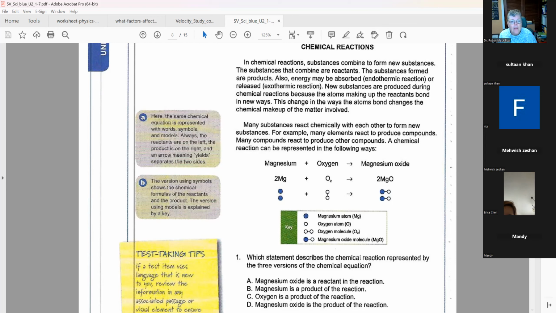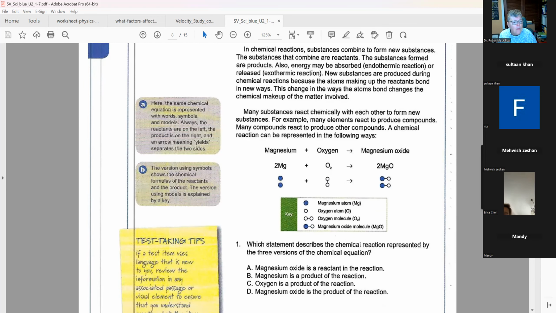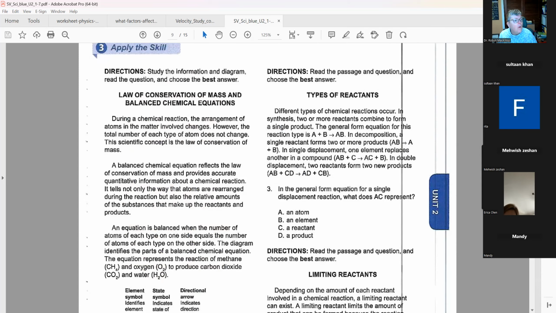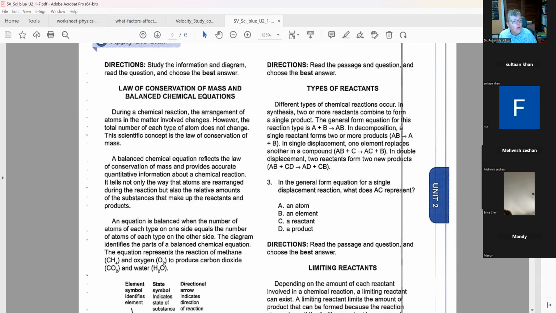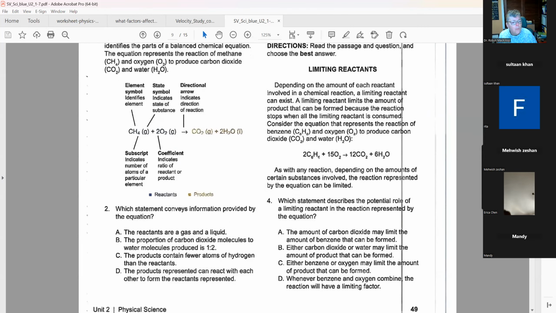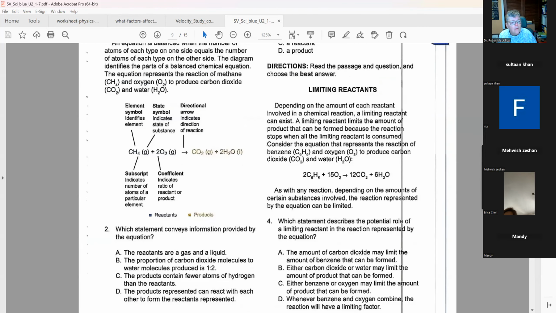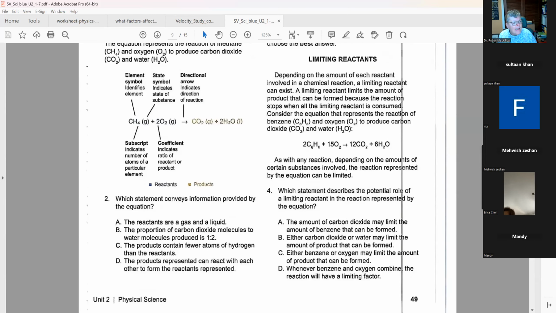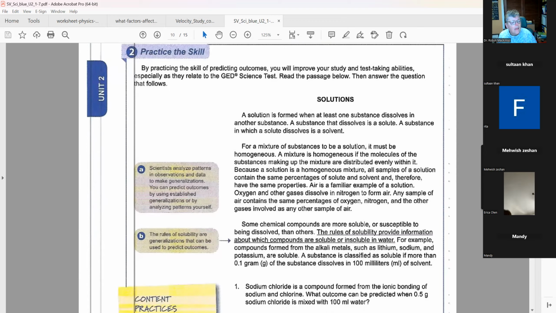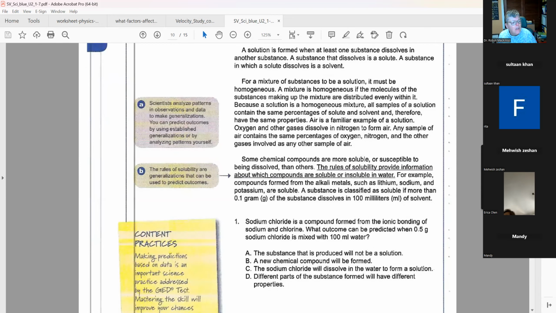Okay, I apparently am being called away because they're working on that bathroom. So what I'm going to have you guys do, when you have some time, is take a look at page 49, 50.